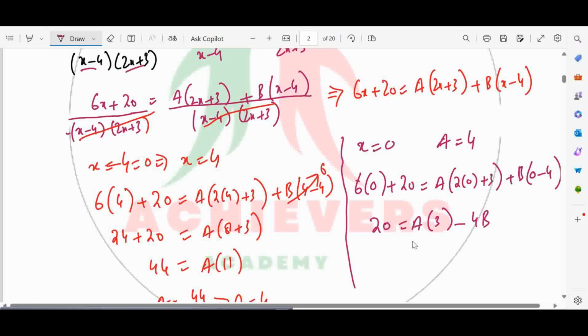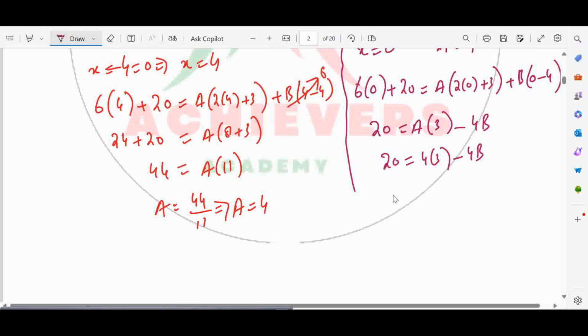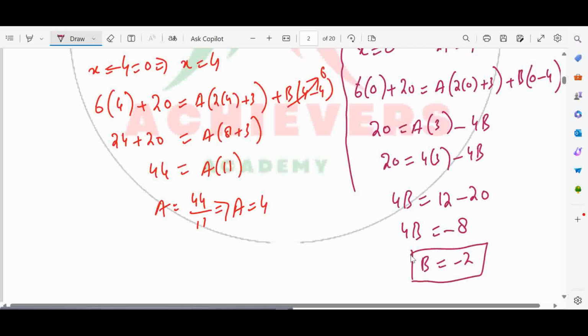We know that a is 4, so 20 is equal to 4 into 3 minus 4b. So just shift it to the other side. 4b is equal to 12 minus 20. 4b is equal to minus 8. So b will be equal to negative 2.